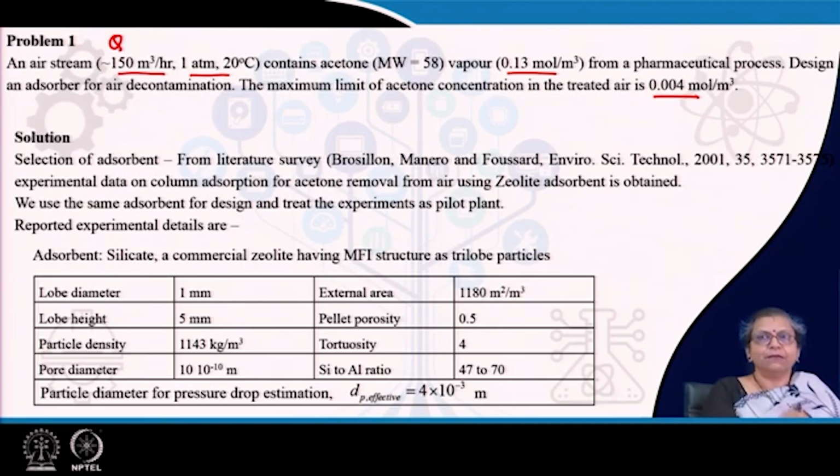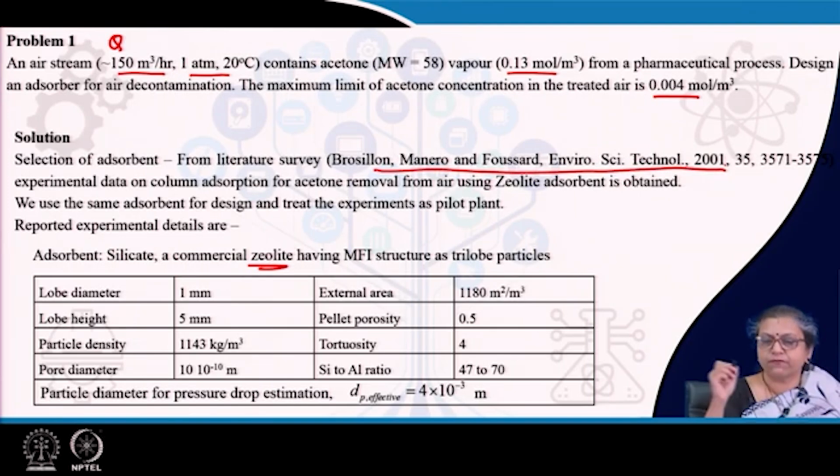Along with that, if by some chance you have a particular adsorbent for which the breakthrough curve or the breakthrough data are available, it is going to be additionally useful for you. So, considering these things, we selected a commercial zeolite adsorbent, silicate, and from the literature data, the reference is there which you can refer to.